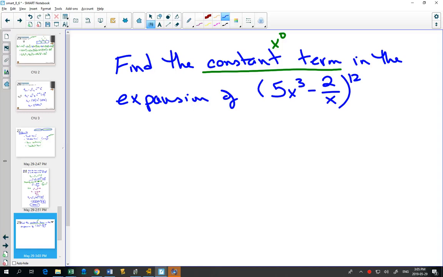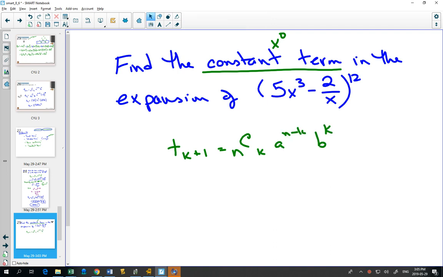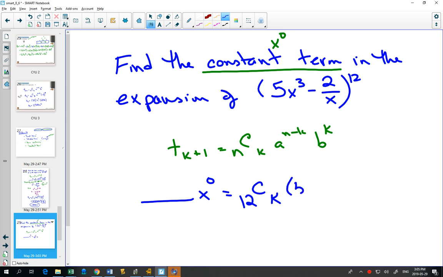Okay. So we know there's 13 terms. If we take out our formula, t k plus 1 equals n choose k, a to the n minus k, b to the k, and plug in what we know, that the term has no x's, so I can write x to the 0 equals 12 choose, and I don't know which term it is, 5x cubed to the 12 minus k, and negative 2 over x to the k.